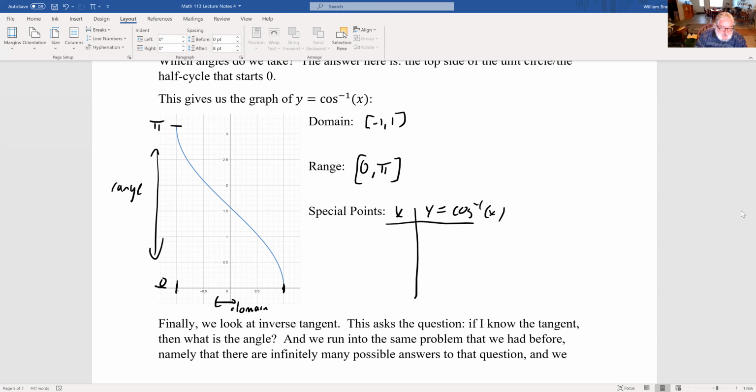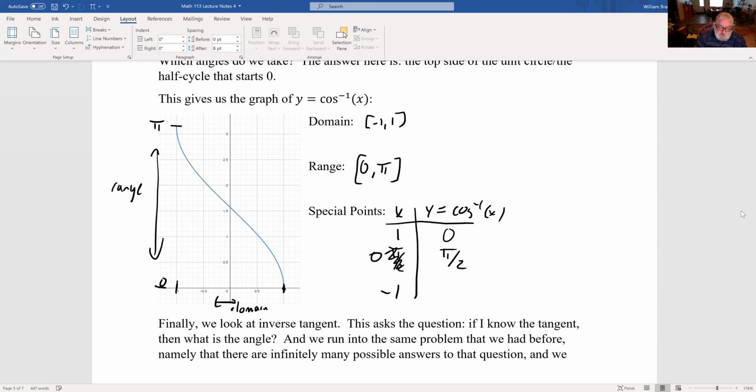So if we take x equal to 1, the angle is 0. When x is 0, the angle is pi over 2.